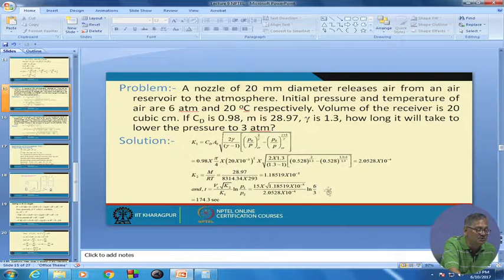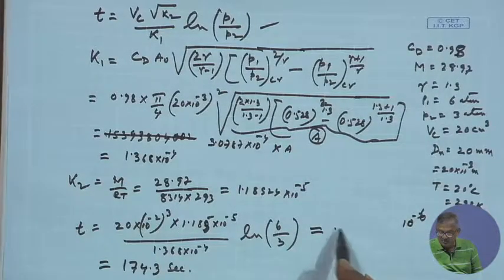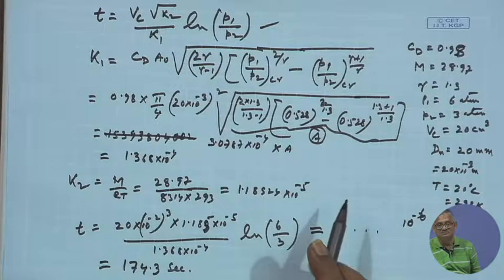So, we got ln of 6 by 3, this on simplification gives 174.3. So, the change is here 15 meter cube instead of 20 cubic centimeter. If we take 20 cubic centimeter, perhaps whatever we were getting that should come, right.